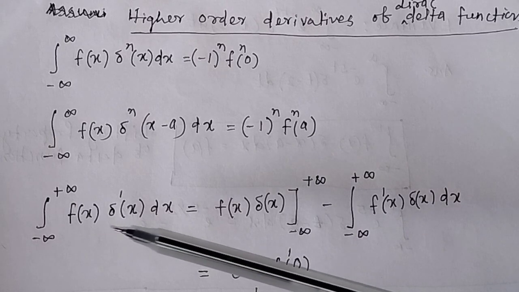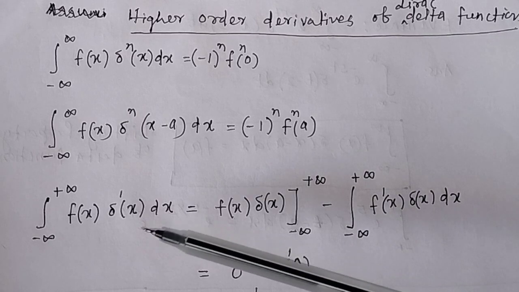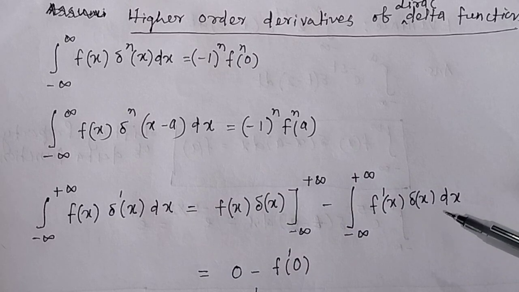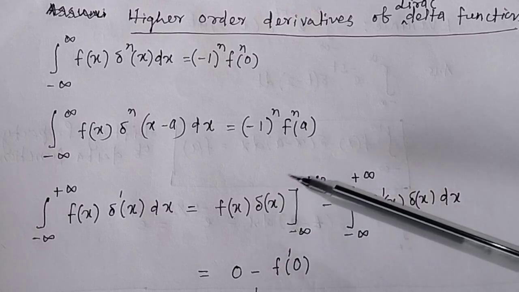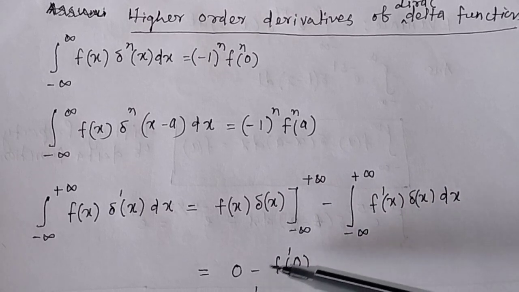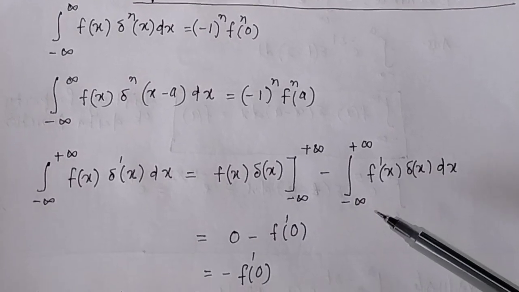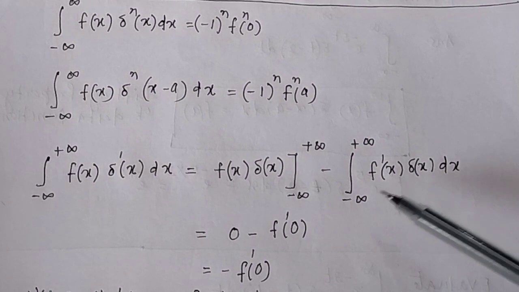Du will be equal to f dash x dx, and v will be equal to delta x. If you substitute the upper limit minus the lower limit, the first term will be equal to 0, and the remaining value will be equal to minus f dash 0.